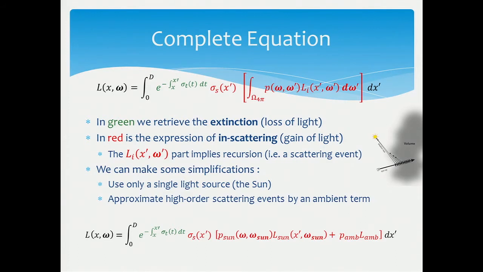There is an inner integral that tells us that we have to actually account for light incoming from all possible directions. And you retrieve the phase function with omega prime, which gives us the phase angle. And this phase function multiplies another radiance, which is the incoming radiance from all possible directions.